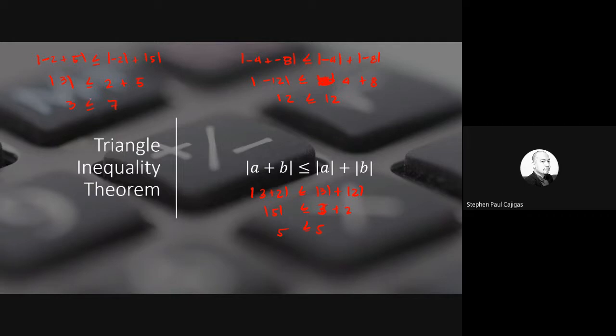So now we have seen the importance of less than or equal to. It becomes strictly less if one of them is positive and the other is negative. If both are positive or both are negative, then it is equal. But the story changes if one is positive and the other is negative. This is the triangle inequality theorem, and I also need you to look for the proof of this.